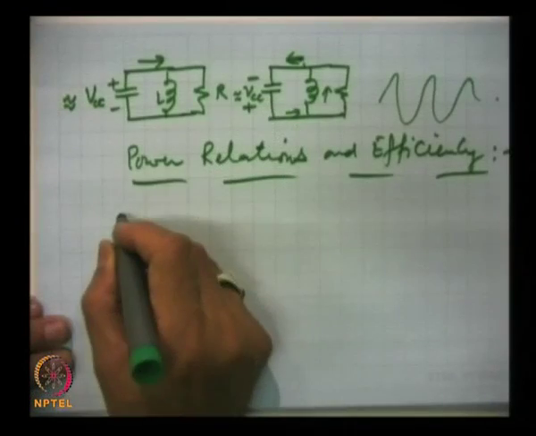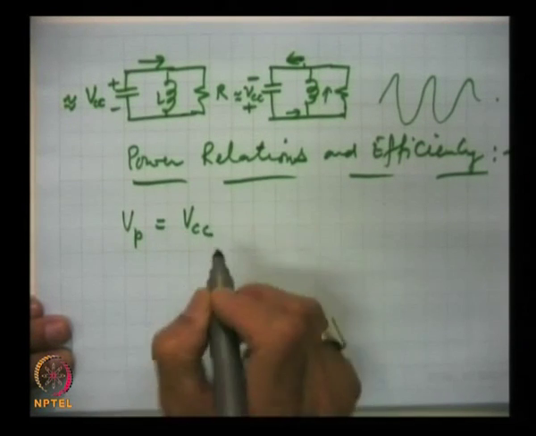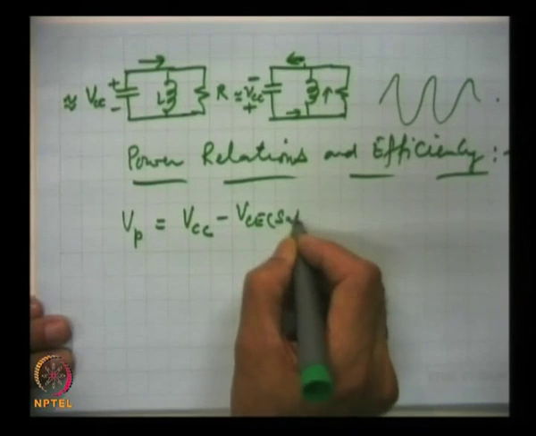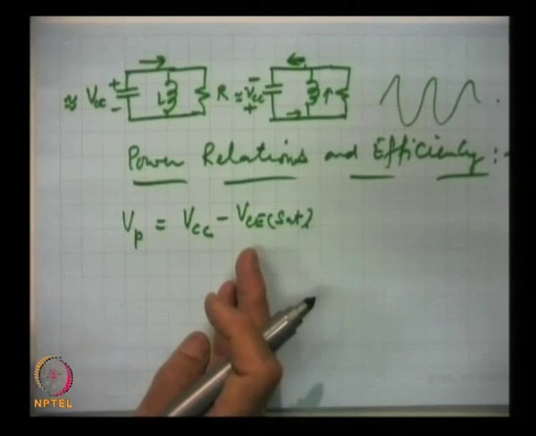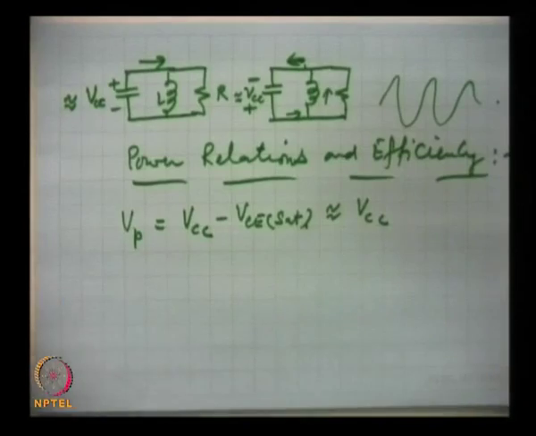When no signal is present, it is totally off, and the sinusoidal output of the amplifier has a peak voltage Vp, which will be close to VCC, actually VCC minus VCE saturation. The saturation voltage is a fraction of a volt, and so this is very close to VCC. This is the peak voltage, the output of the amplifier.